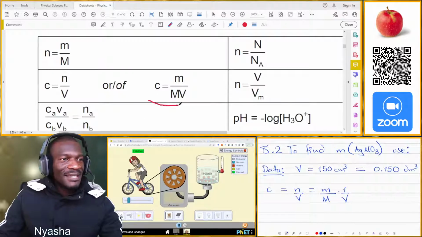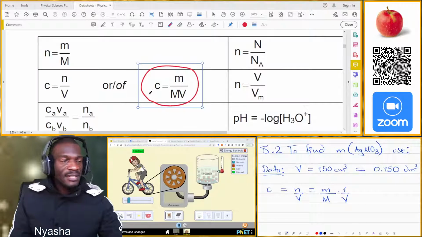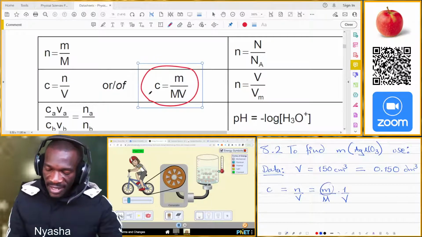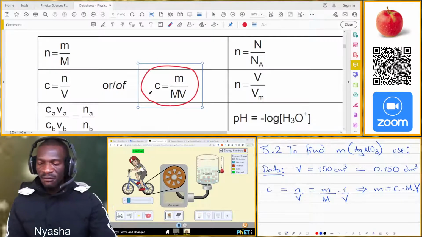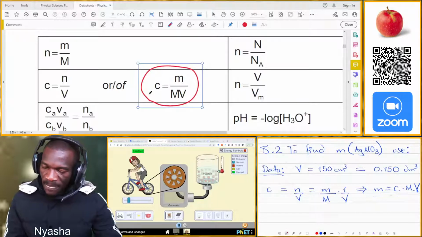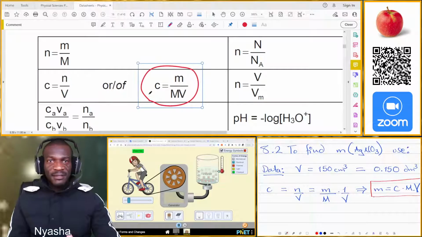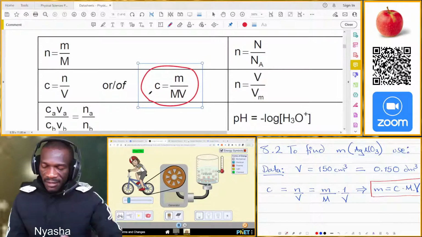Can you see that we are coming up to this equation? Since we want to find a mass, this must imply that the mass is equal to the concentration multiplied by the relative molecular mass multiplied by the volume. So this is the equation we are going to use. The mass of the silver nitrate is simply found by multiplying the concentration by the molar mass by the volume.